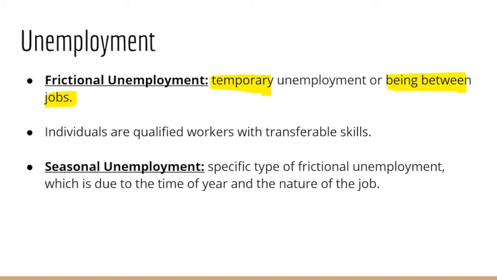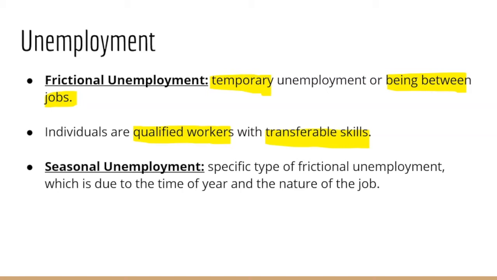Part of the reason why frictional unemployment is considered to be good unemployment is that at the end of the day, these individuals are qualified workers with transferable skills, meaning that they can easily jump from industry to industry, because their skills are transferable from industry to industry. And so if you are a college student looking to gain your first job, you are considered to be frictionally unemployed.